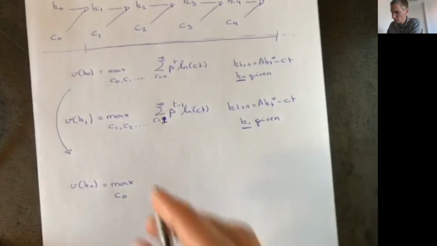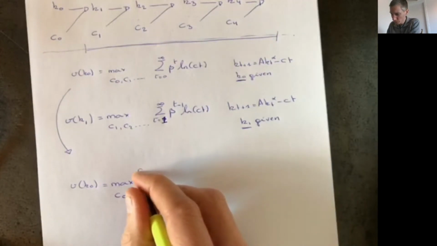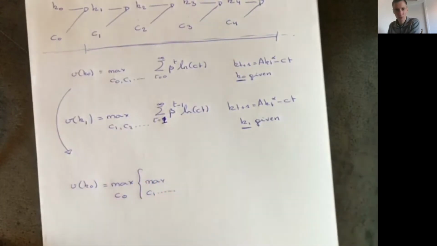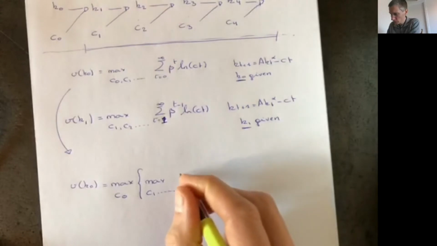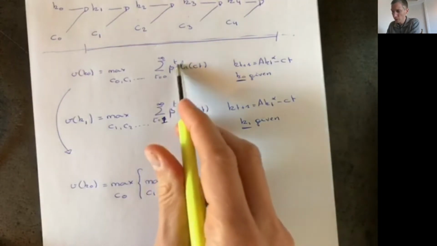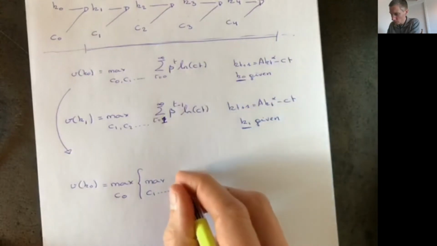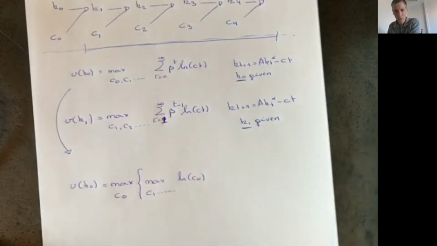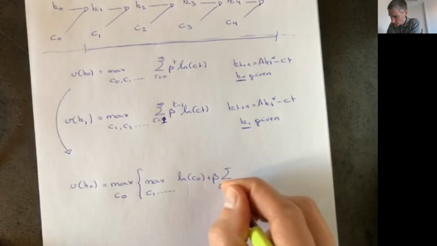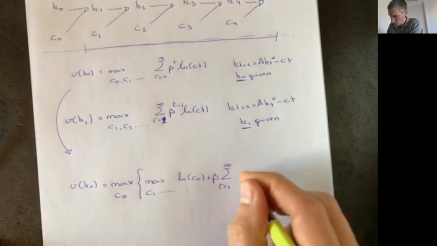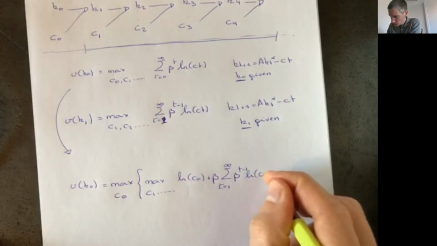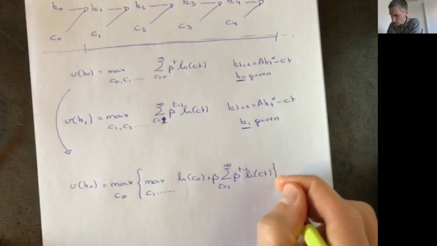I'm first going to maximize over C0, and then I'm going to maximize over C1 and all the future periods of this here. So this is beta to the power 0, which is 1, of ln C0 plus beta, the sum over t equal to 1 to infinity of beta to the power t minus 1 of ln ct.